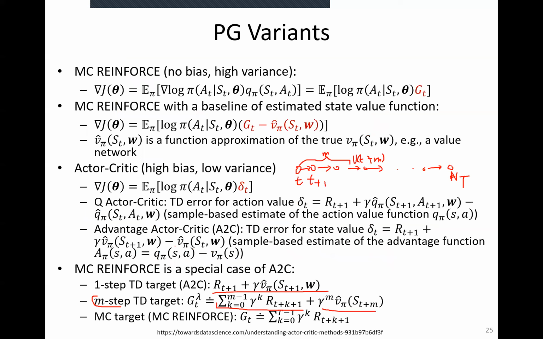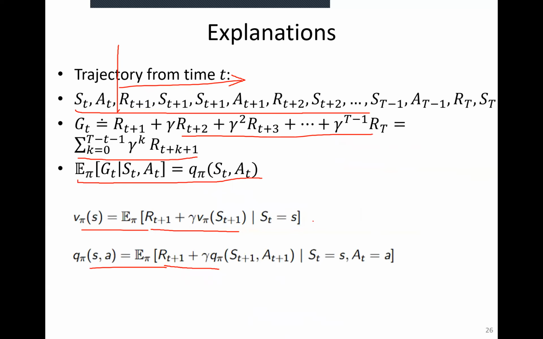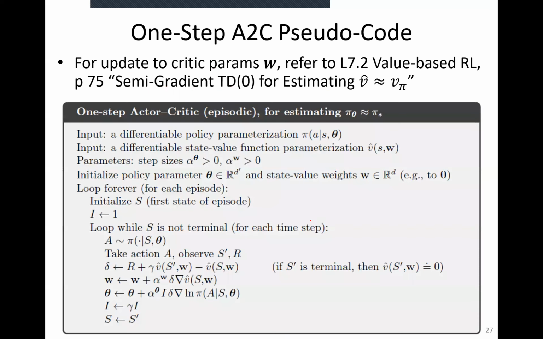So it's actually a sample-based estimate of the advantage function. So this is the one-step A2C.